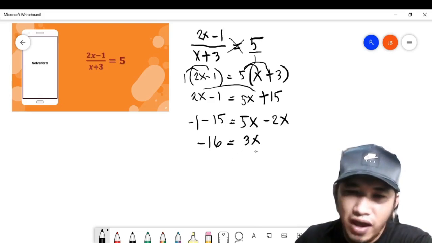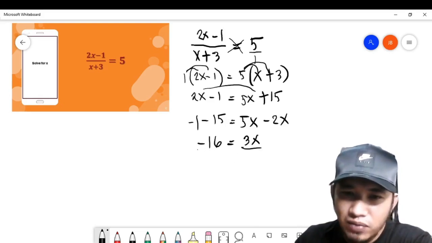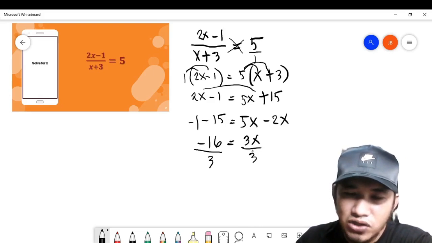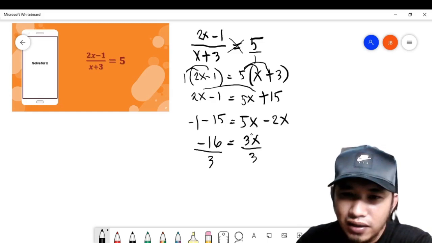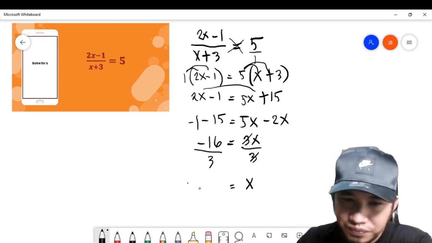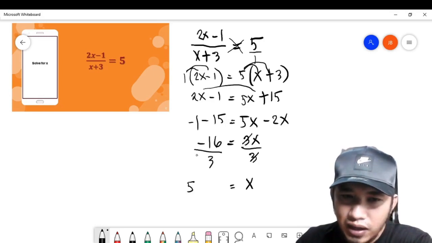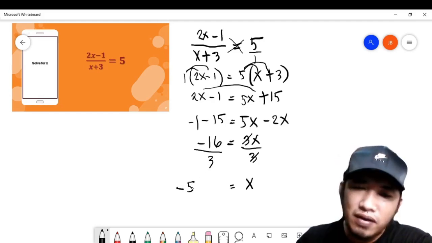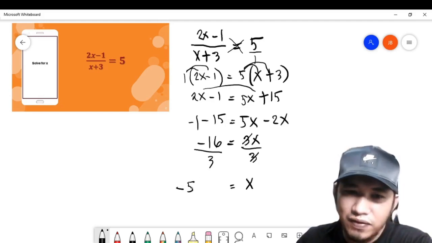For us to have the value of x, divide both sides by 3, and that is called the process of division property of equality. Okay, so cancel ang 3, cancel ang 3. That is, x now becomes, ilang 3 ang meron kay 16? Okay, 5. And the sign is negative. 3 times negative 5, that is negative 15.